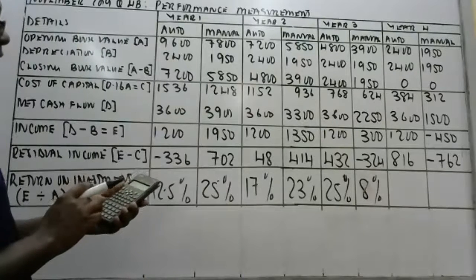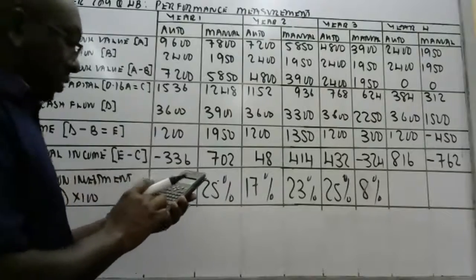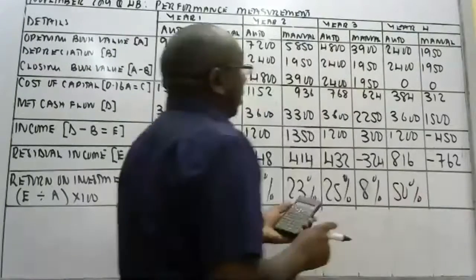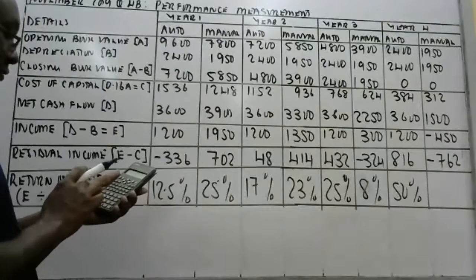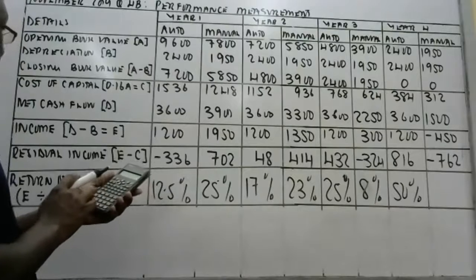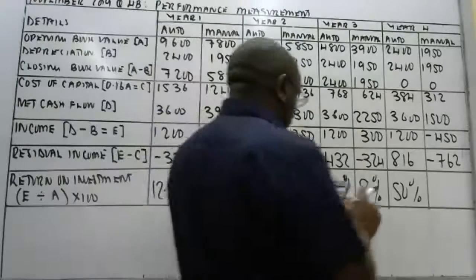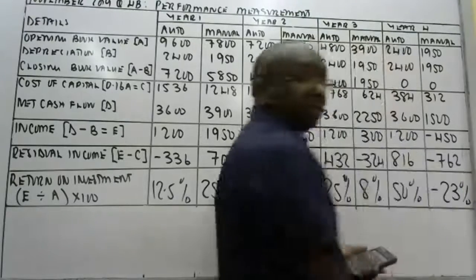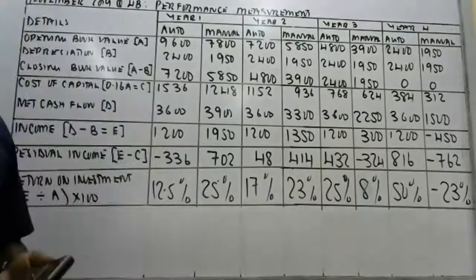Then 1200 divided by 2400 is 50%. And then minus 450, you divide by 1950 times 100, I call it minus 23%.